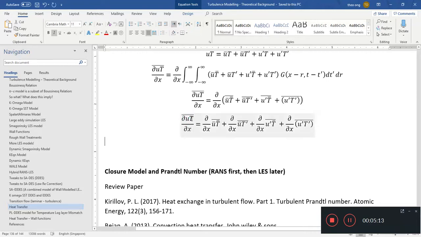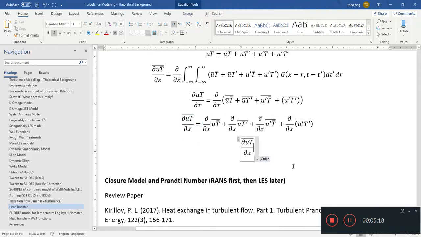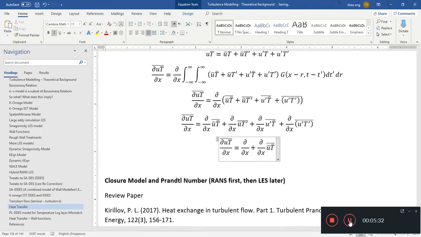So what we do is we add this term, then we subtract it away as well.